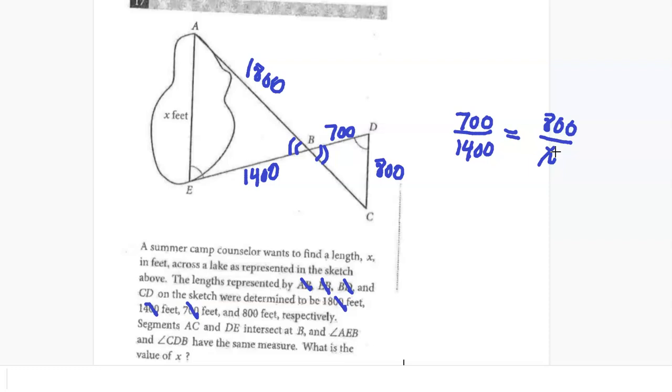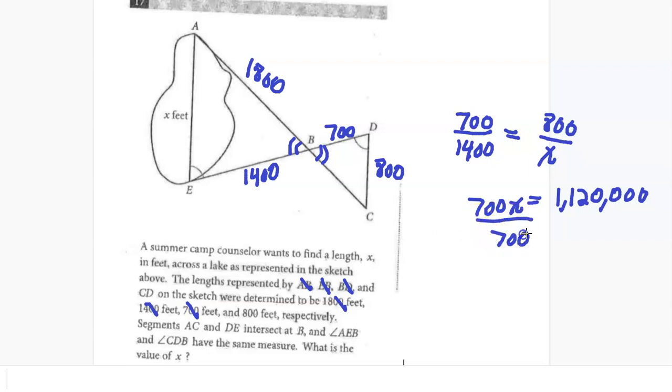Multiplying, I have 700X equals 1,120,000. I'm sure you had that off the top of your head.